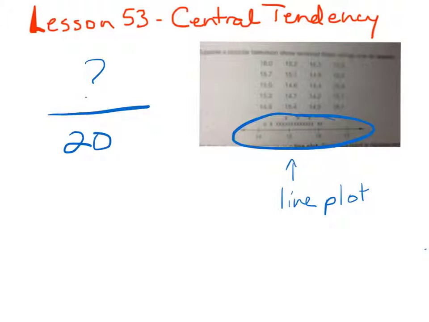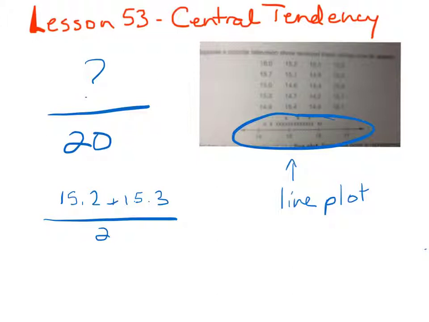So we've got 1, 2, 3, 4, 5, 6, 7, 8, 9, 10. So my 10th piece of data is 15.2. Now the next one is not 15.2, it's 15.3. So I have to add both of those and divide them by 2 to figure out what my median would be.